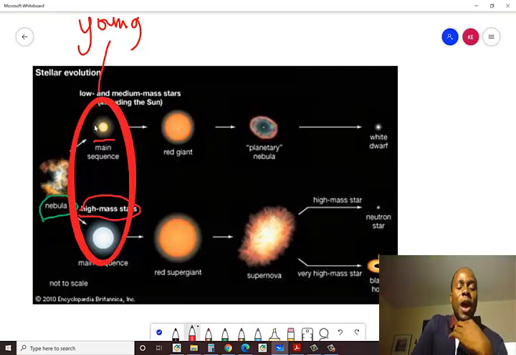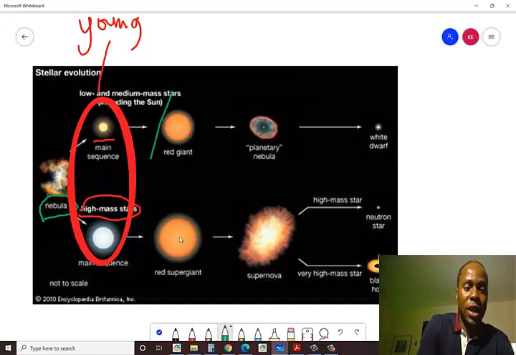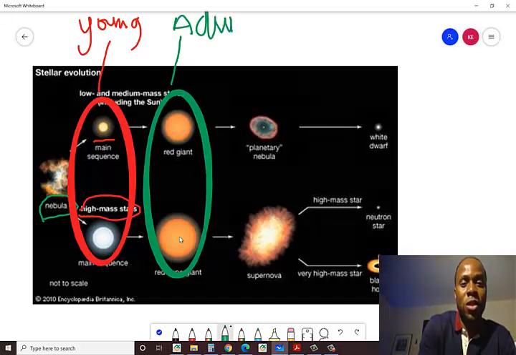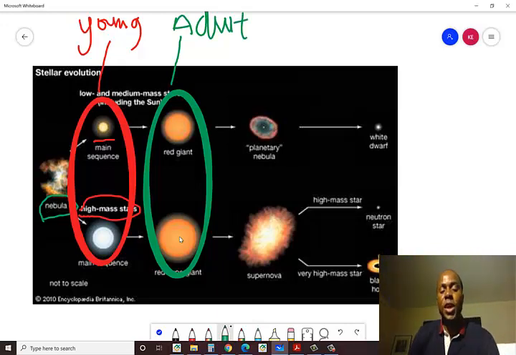Average stars like our sun will just proceed to the red giant phase, while high mass stars will move into the red supergiant phase. At that point, they are no longer in the main sequence, but now they are in the intermediate, or say maybe adulthood, phase.